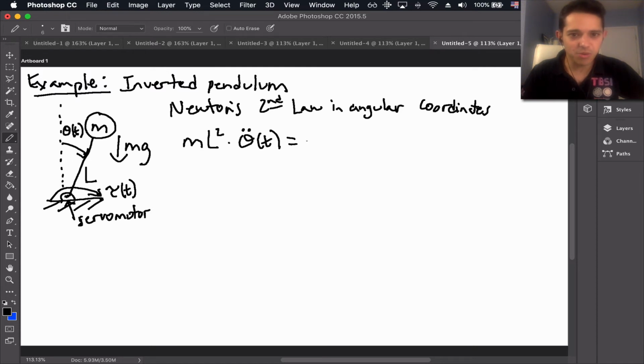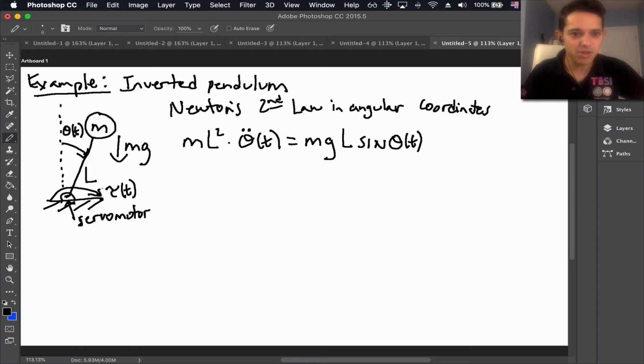So if you work that through, then projecting gravity onto the coordinate that's orthogonal to the pendulum arm, you'll see that the torque is going to be given by mg times a moment arm L sine theta. Okay, that's the projection. And that is going to push theta in an increasing direction.